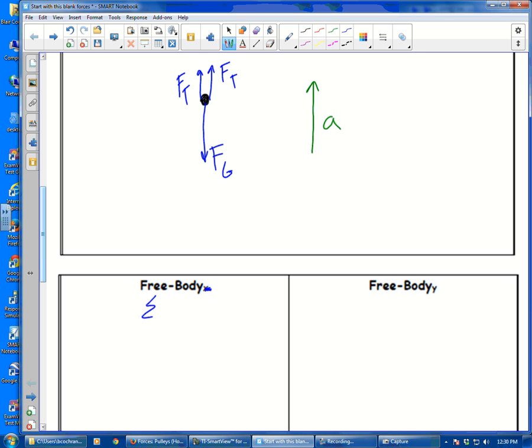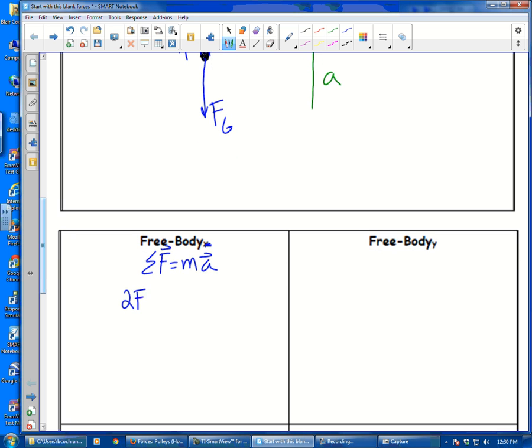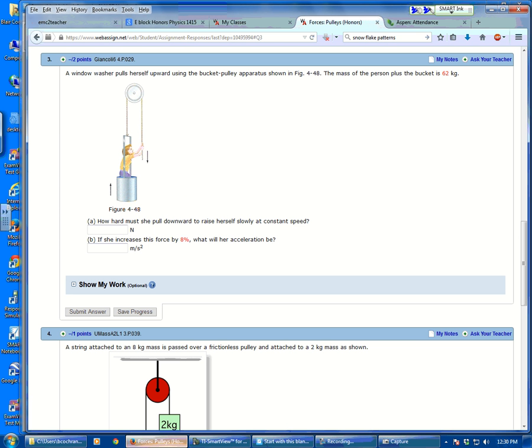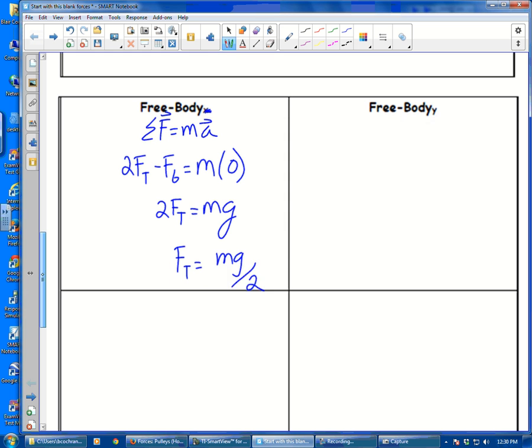So I have 2Ft minus Fg equals M times 0. So I end up with 2Ft equals Mg. And so Ft equals Mg over 2. They tell me the mass. So I just substitute in now.